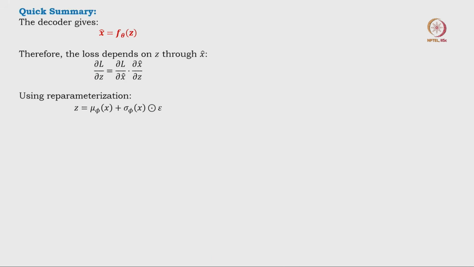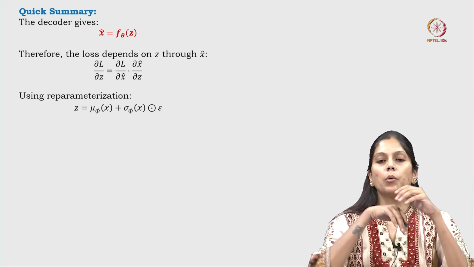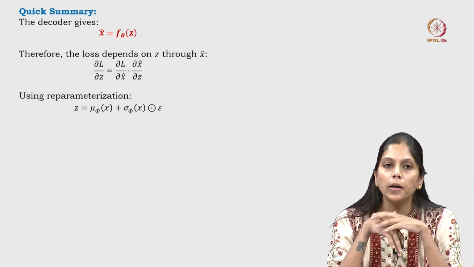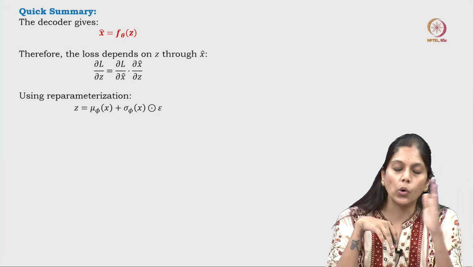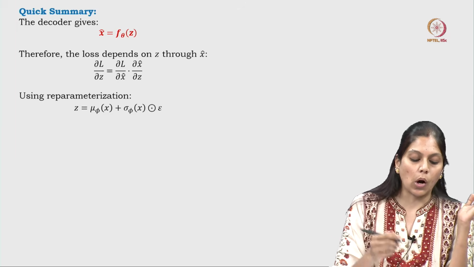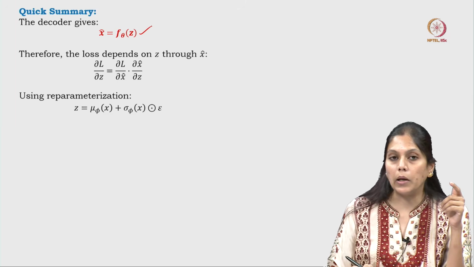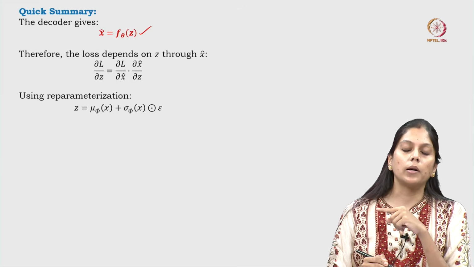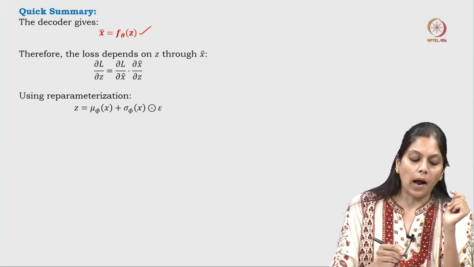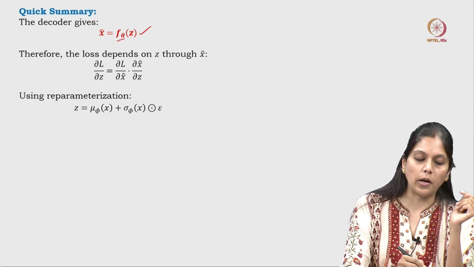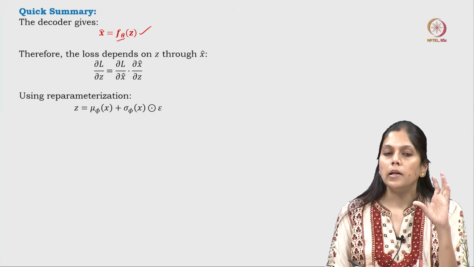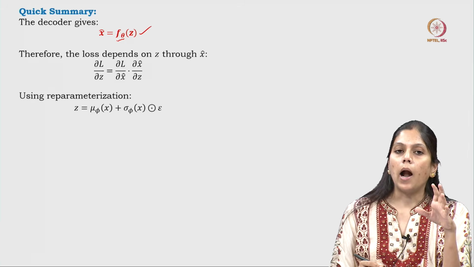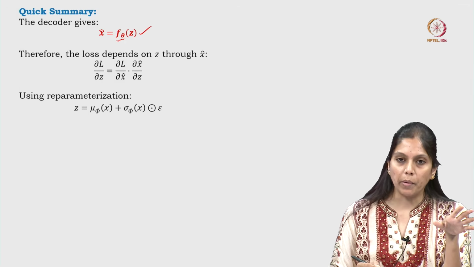Okay. Now, let us have a quick summary. What have we discussed so far? The decoder is the one which is going to give us the output. So how is it going to give it? Mathematically you write the output as x hat, and for that we give an input z, and this is a decoder neural network. Theta is the parameters, and you can easily update those parameters.